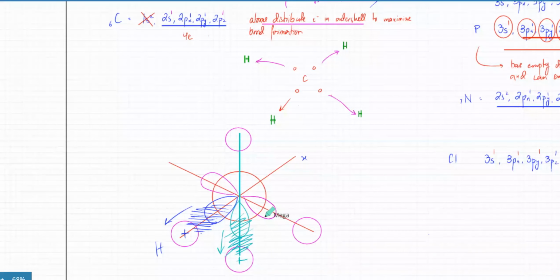And similarly, the same thing would happen over here. There's another hydrogen atom coming in with its nucleus, and the pink electron over here is going to get pulled towards the hydrogen. The electron is going to shift towards that side, and it will stop going to the other side.